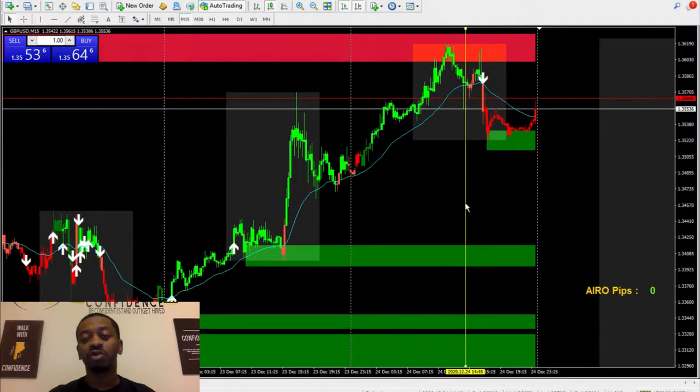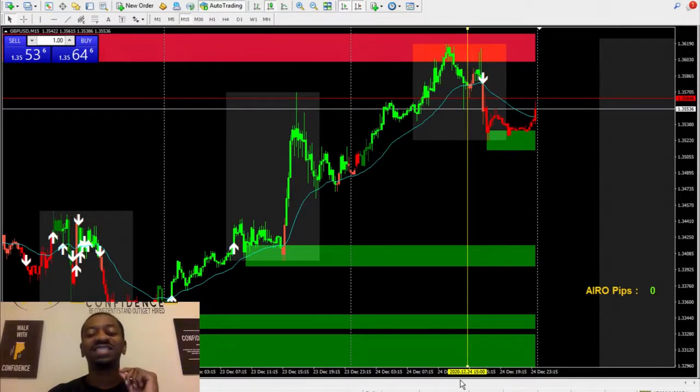So I'm going to put my vertical line at the 1500 hour, and you can see down here, it says 2020, 1224, 1500. The 1500 hour is the 7 a.m. time frame where I live. So whatever broker you're utilizing, you need to convert their time frame to the 7 a.m. Central Standard Time frame. Then you know where to mark.